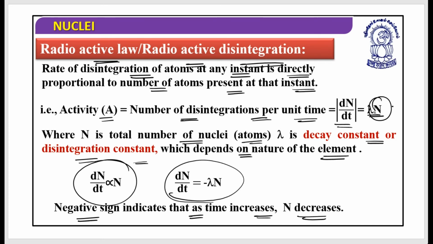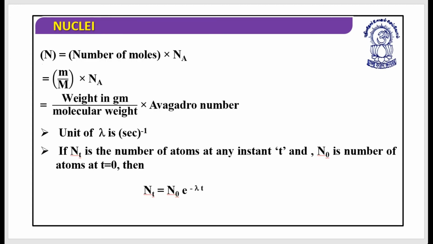I hope this is clear. N equals the total number of moles multiplied by Avogadro number, so N = (m/M) × Na, which is weight in grams divided by molecular weight, multiplied by Avogadro number.